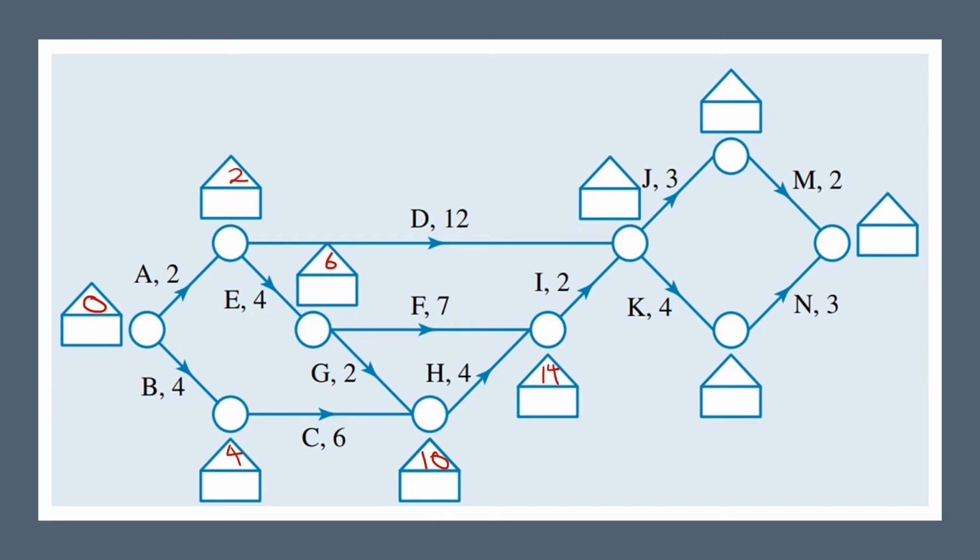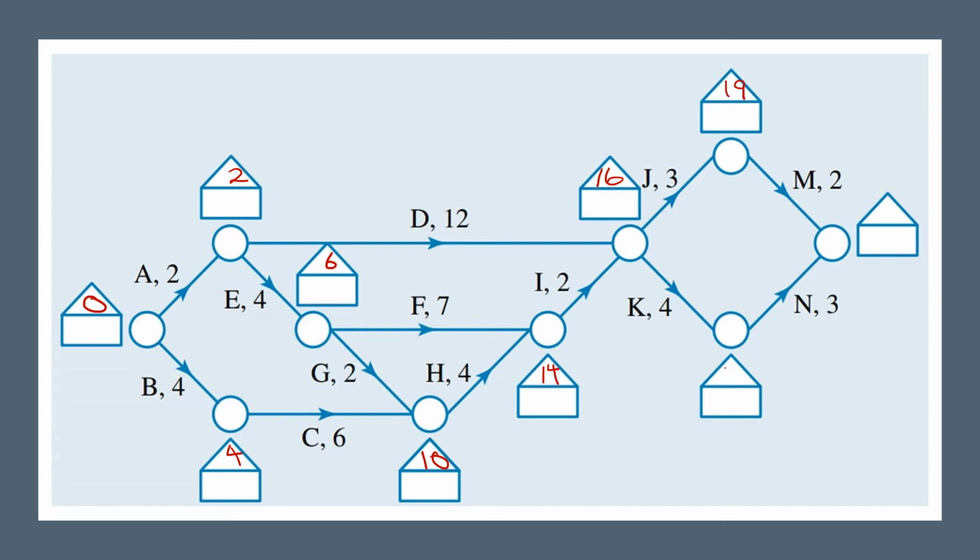Up the top here we have I and D, so either 14 and 2 for a total of 16, or 2 and 12 for a total of 14. So already we can see that a lot of these numbers are going to be different, and therefore our critical path is most likely going to be different. Up the top here after J has a total of 3, so that's going to be 19.